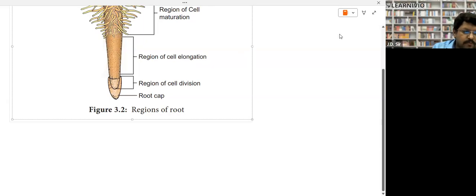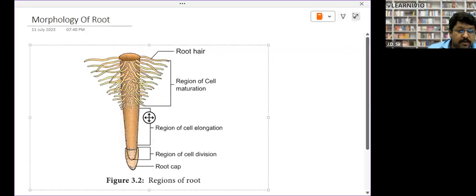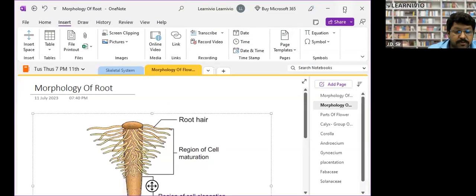Basically, the morphology of the root means the external characteristics of the root. So you can see this is the root, and the root is surrounded by hair. The hair is basically an outgrowth. Take care of every point because this is important for your medical examination. Basically, these are the points from where the root is going to come out.